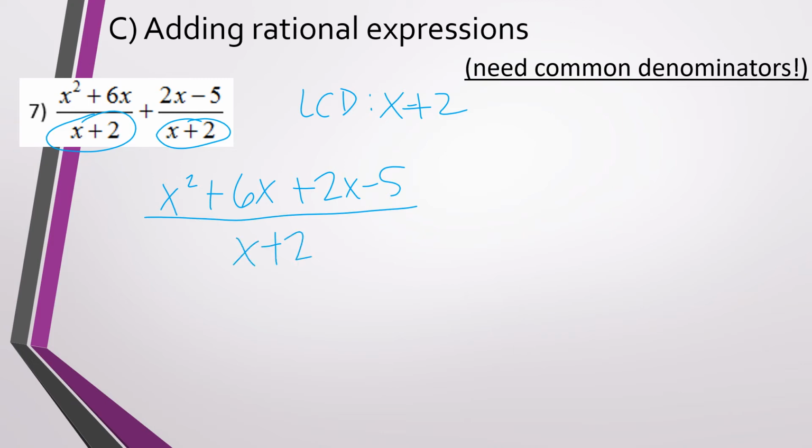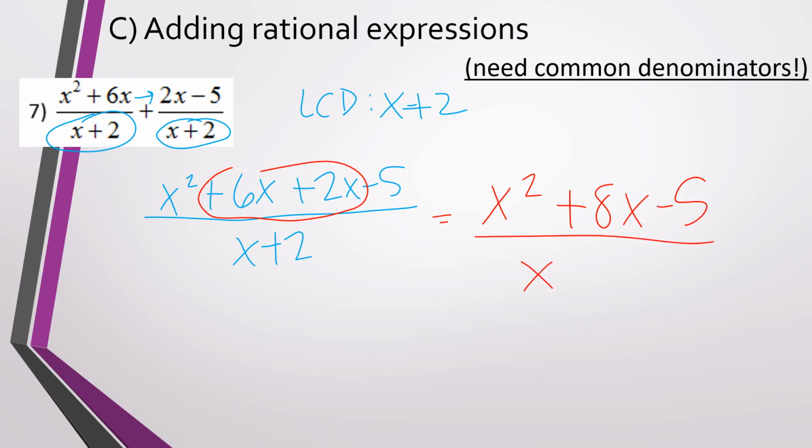Remember, we're just adding across, we're not changing the denominator at all. So we can combine like terms here, the positive 6x and the positive 2x, to get x squared plus 8x minus 5 over x plus 2.